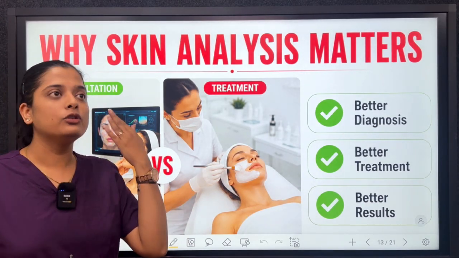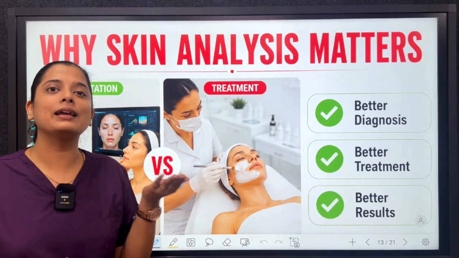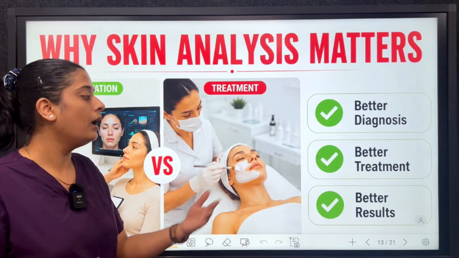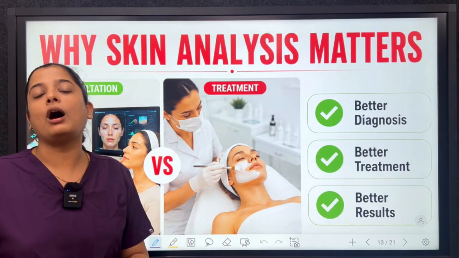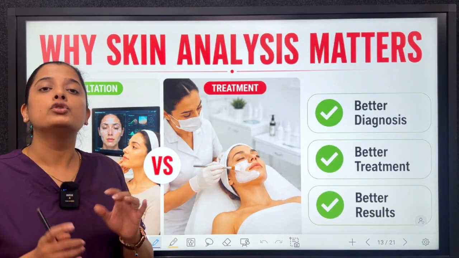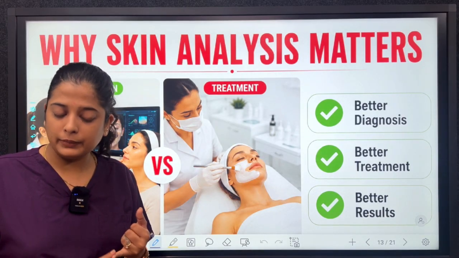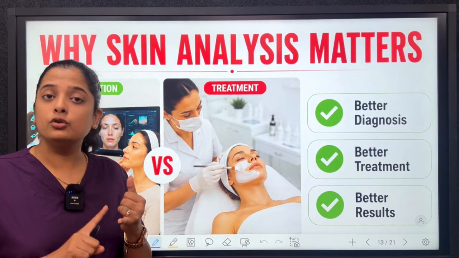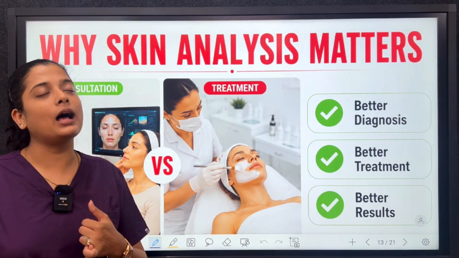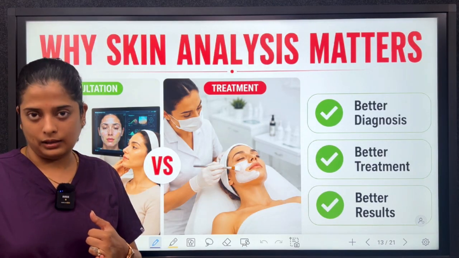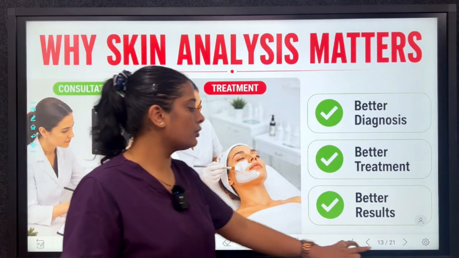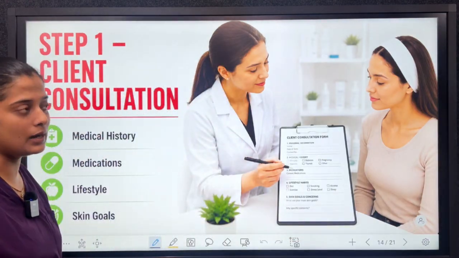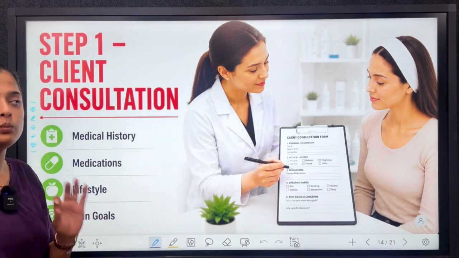It is important to give a guaranteed or a good treatment, and at the end to give out the best of the results. So when you diagnose it correctly, you treat it correctly, and the results are nowhere to go. Am I right?